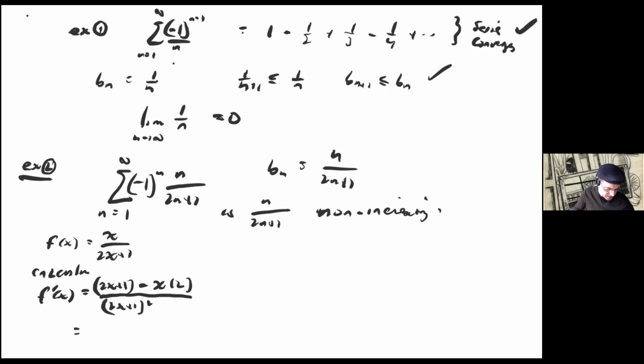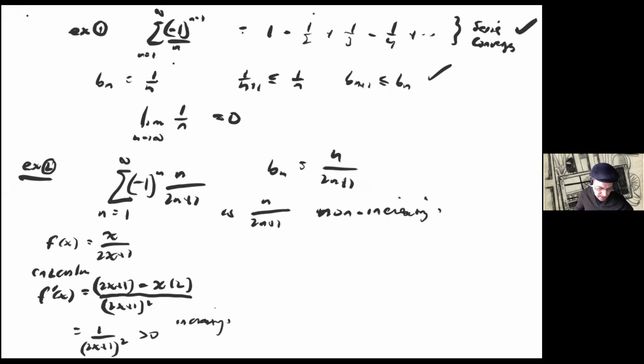Then you get 1 over 2x plus 1 squared, and f prime of x is greater than 0 for all x. So we have a problem here. This is saying the function is increasing.